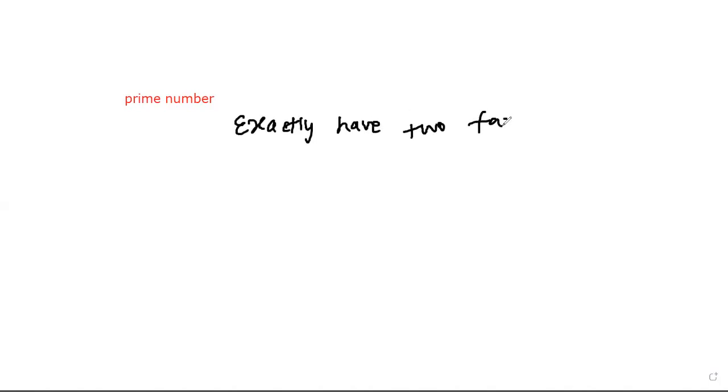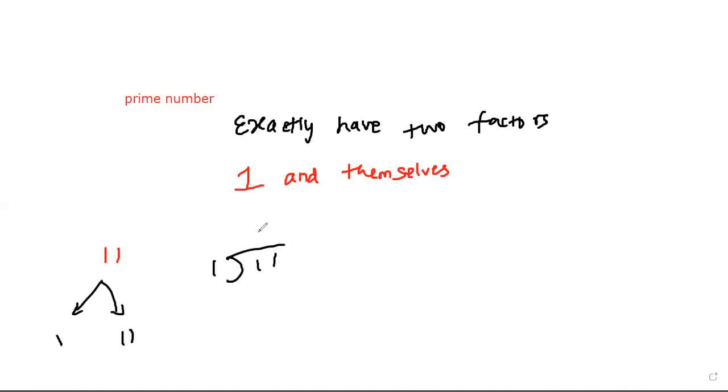One is 1 and the other is themselves. For example, if I take 11, we do have only 2 factors for 11, which is 1 and 11. So 11 can only be divided by 11 and 1, isn't it?